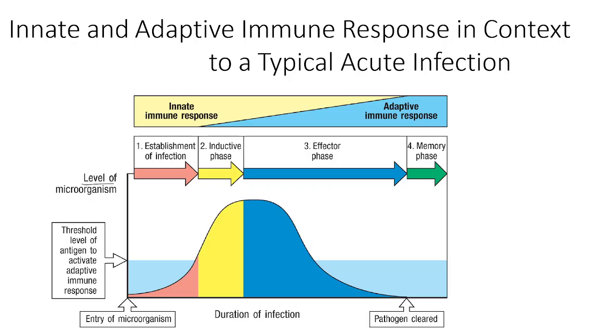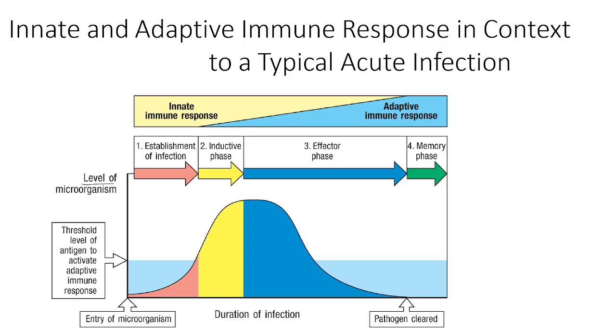So over here, this acute infection is outlined with the timeline and the intensity of the body's defense mechanisms from the initial entry of a microorganism to the final clearance of the pathogen. Now there are different phases of immune responses. First is the establishment of the infection, where there is a trigger point.